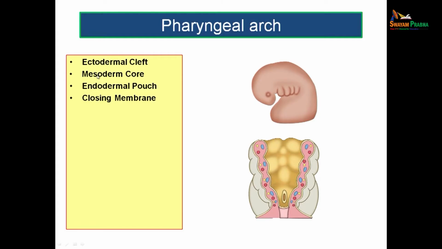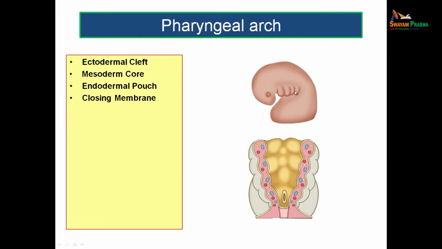The mesodermal core is very clear. The pink colored region is the mesodermal core. What do you mean by the ectodermal cleft? When the ectoderm covers these pharyngeal arches, in between each of the 6 arches there is a dipping. You can see the darker regions here.